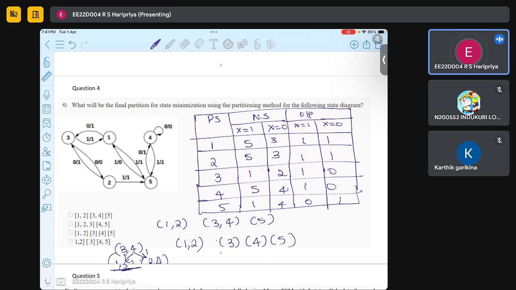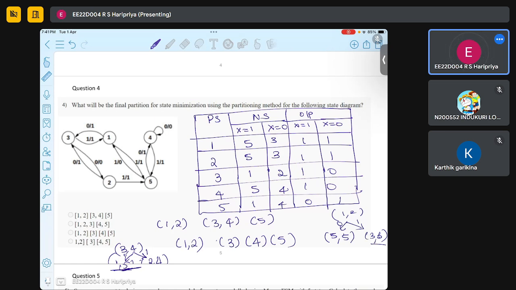So 1 and 2 go to 5, 3, 0, 1, 5. So these are in the same set. I have made this same in 5, 5.